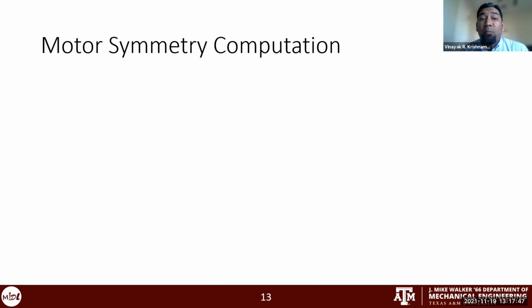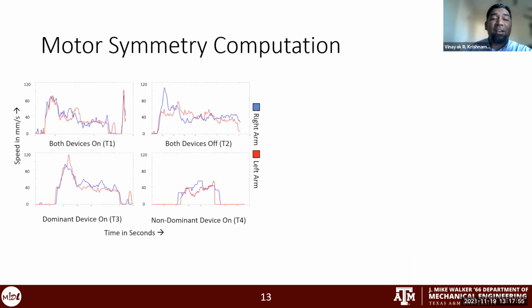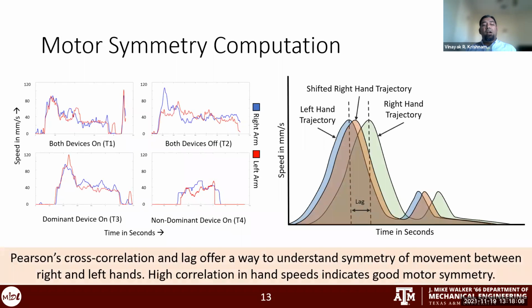A brief note on motor symmetry computation. Suppose we have the velocity or speed profiles of both hands. One simple way to detect symmetry in movement is to look at the speed profile signals and see how similar they are. We used Pearson's cross correlation and lag to understand the symmetry of movement.